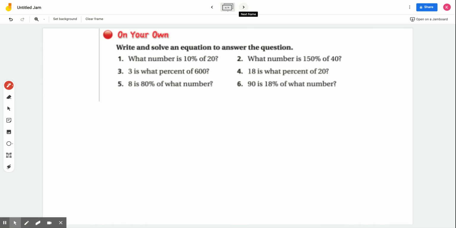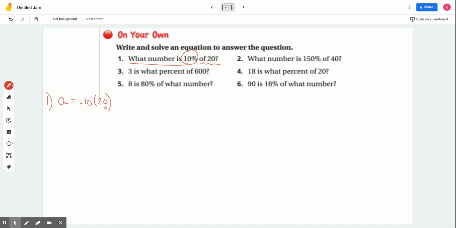Now, looking at these, it says write and solve an equation to answer the question. So we're going to start with number 1. What number is 10% of 20? Remember, what number is, we don't know the part. Percent as a decimal, 10% is 0.10 of 20 times the whole.